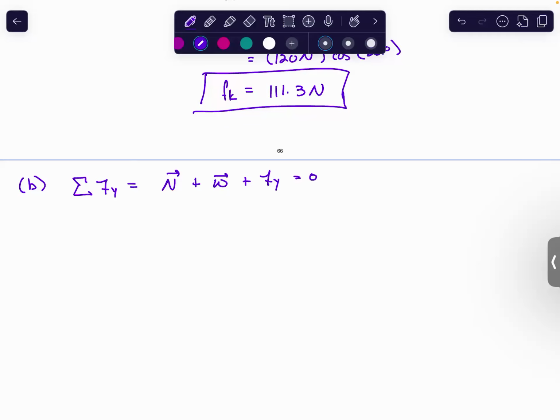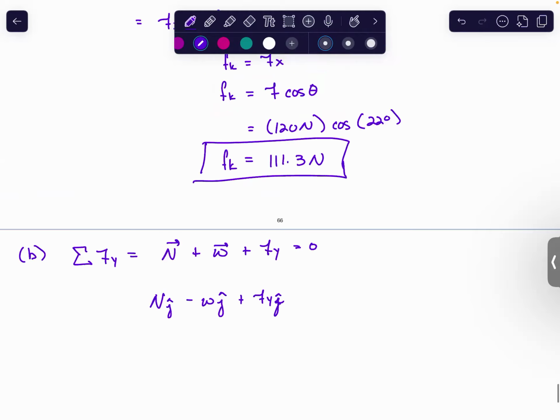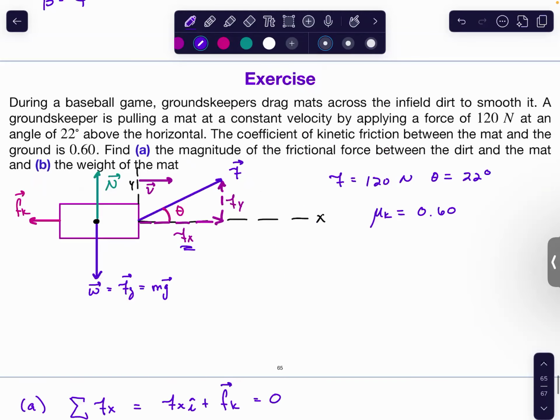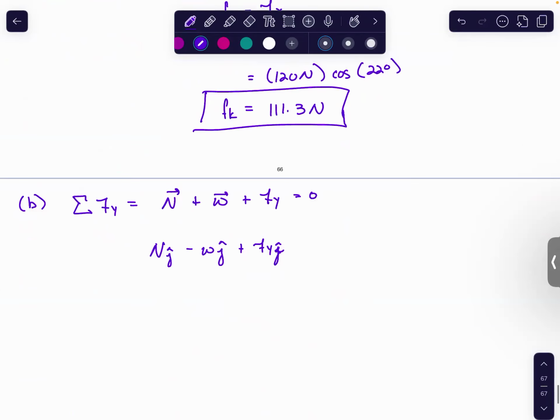And so that's my theorem. And so then that's going to be my normal force in the positive j hat direction, my weight in the negative j hat direction. The y component goes in the positive j hat direction.